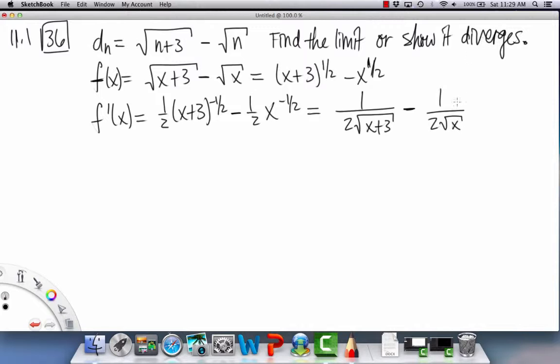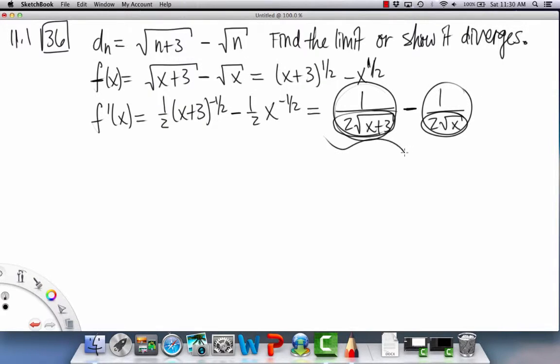Okay? So then, as we can kind of tell here, the denominator on the first term is greater than the denominator here, right? Because we have this plus 3. So if the denominator is bigger and the numerators are the same, then this whole fraction is going to be smaller than this fraction.